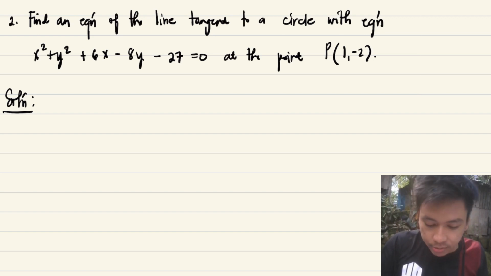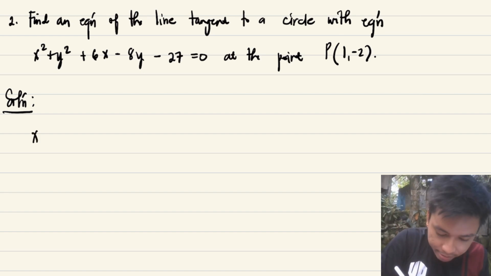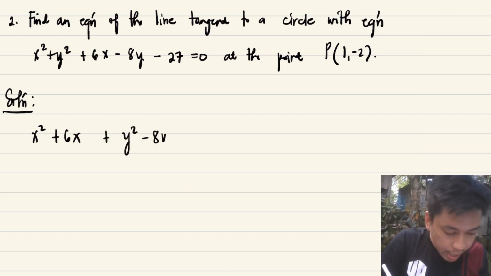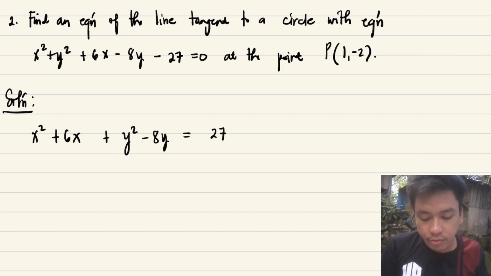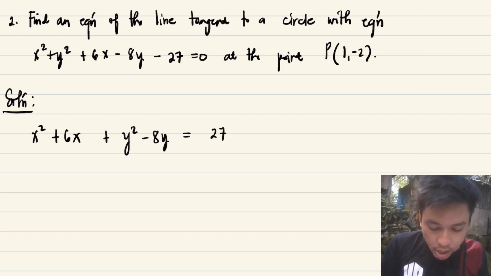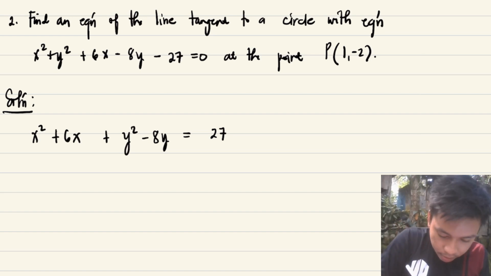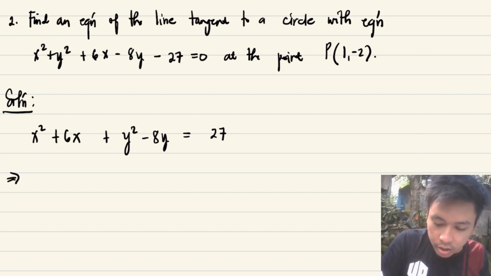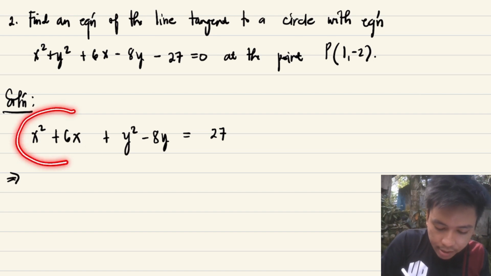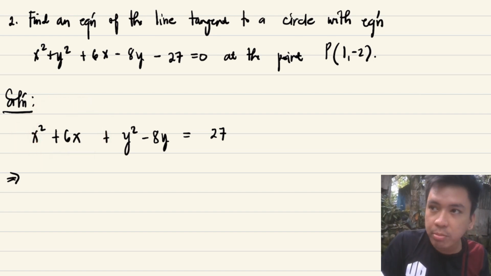Simplifying this, I can arrange it as x squared plus 6x, and then y squared minus 8y, and then I will transfer 27. The negative becomes positive on the right hand side of the equation. Then I will transform this into a perfect square, because I want to determine the center of the circle.